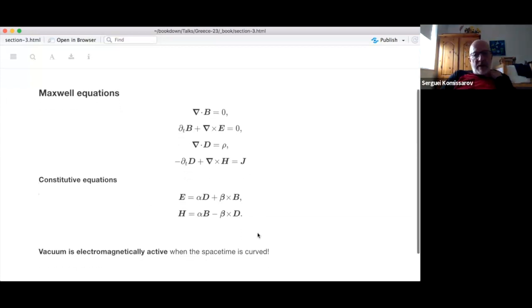You can see that this relation depends on the parameters of the metric, on the lapse function and the shift vector. And so just by looking at this equation, you can make the following conclusion, that vacuum in curved space-time looks like an electromagnetically active medium, because of those constitutive equations.